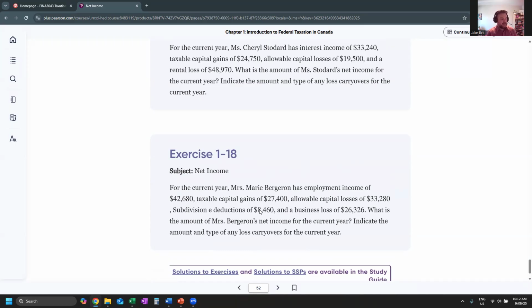Subdivision E deductions of 8,460 and a business loss of 26,326. So we have our income, we have our net capital gains, we have subdivision E deductions, and a business loss of 26,000.